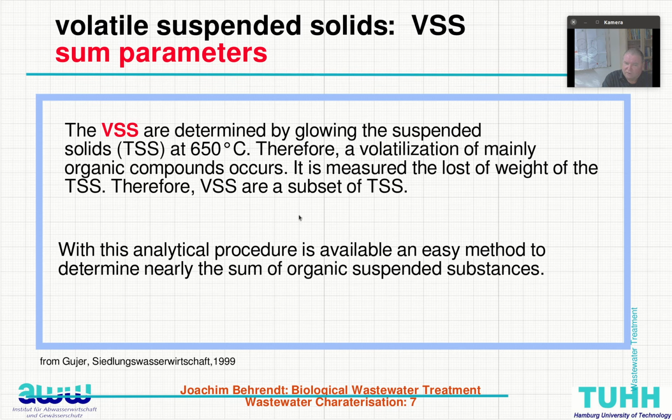But even if we have 100% organics, we will not measure 100% volatile suspended solids, because in bacteria there are components that are not volatile. If we oxidize bacteria, there are still some ashes remaining, which are phosphates and sulfates and so on. This is around 8%.